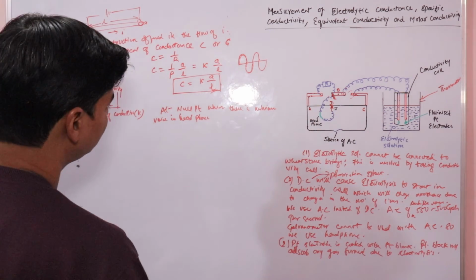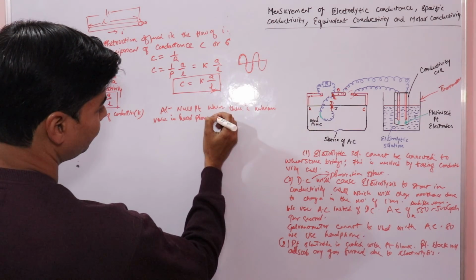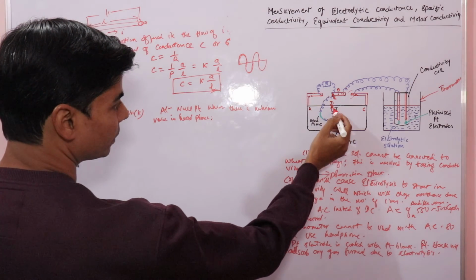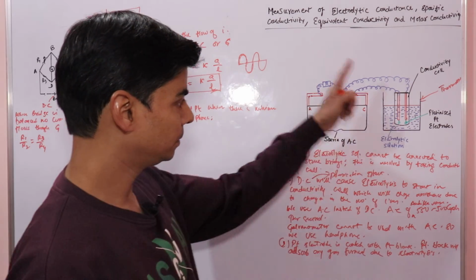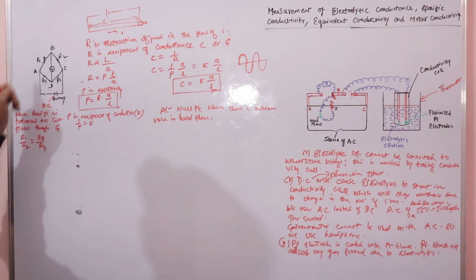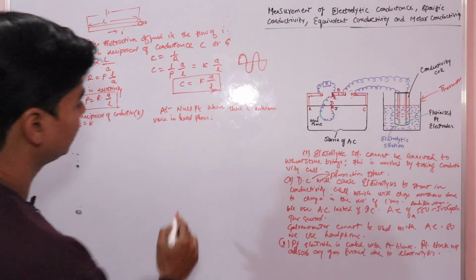So at the null point, when there is minimum voice, this arrangement is balanced, like it is balanced in the Wheatstone Bridge.